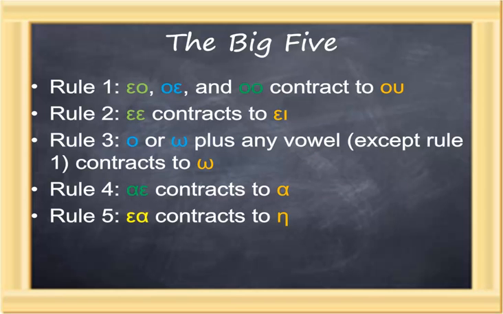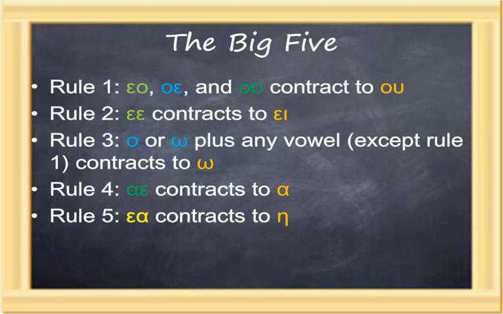These are the 5 major rules of contraction. You need to commit them to memory. Rule 4 and 5 are easily confused unless one notices that in the combination alpha epsilon, the alpha is first and therefore it contracts to alpha, whereas if the combination is the other way around, it contracts to eta.